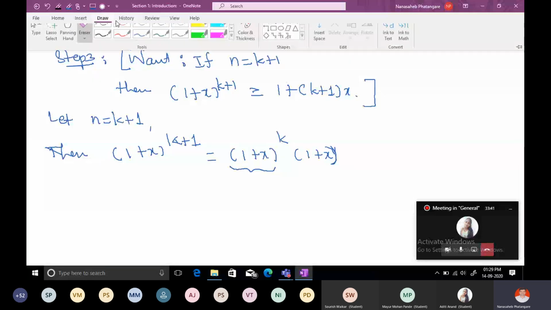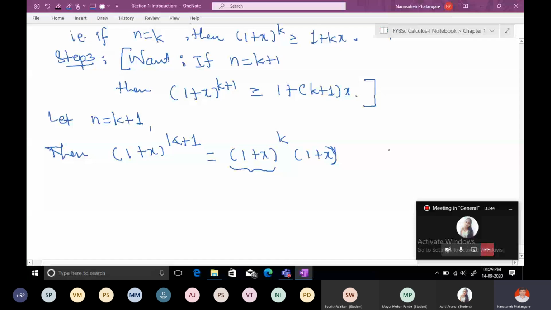So 1 plus x to the power k and 1 plus kx, which is bigger? 1 plus x to the power k, and 1 plus x as it is. Now you compare these two expressions, which number is bigger?